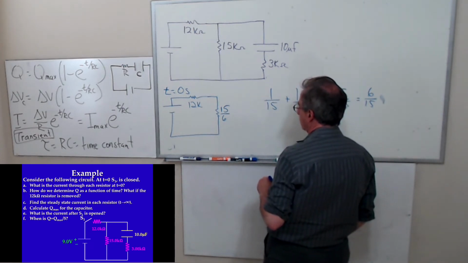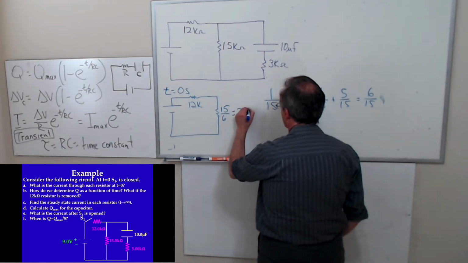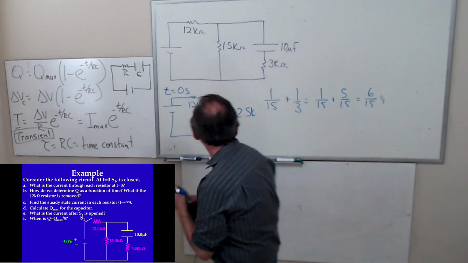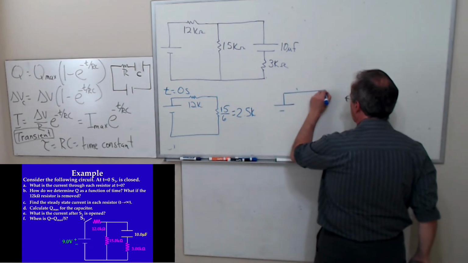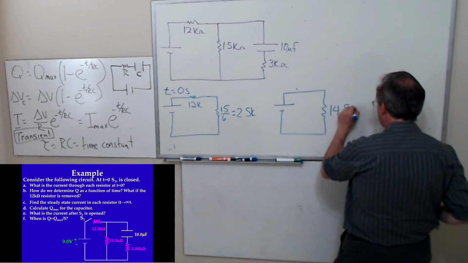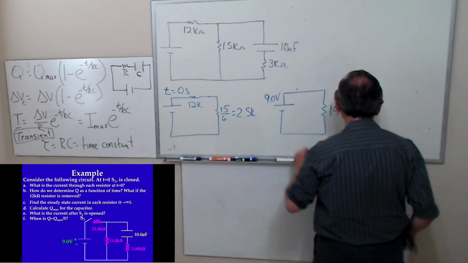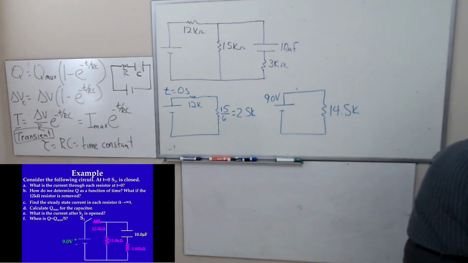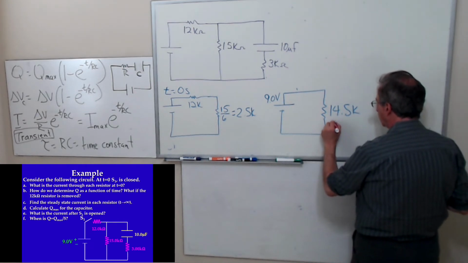What's 15 over 6? 2.5? Yeah. Okay. So, how many volts was that again? 9 volts. So then the current through this one is 9 over 14.5 kiloohms.